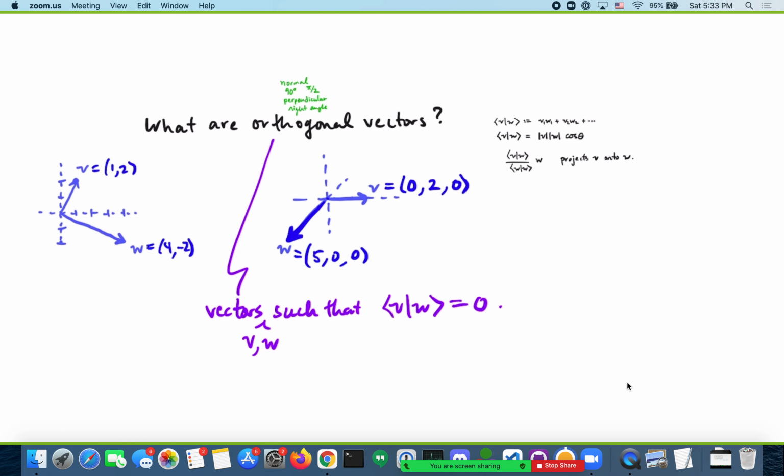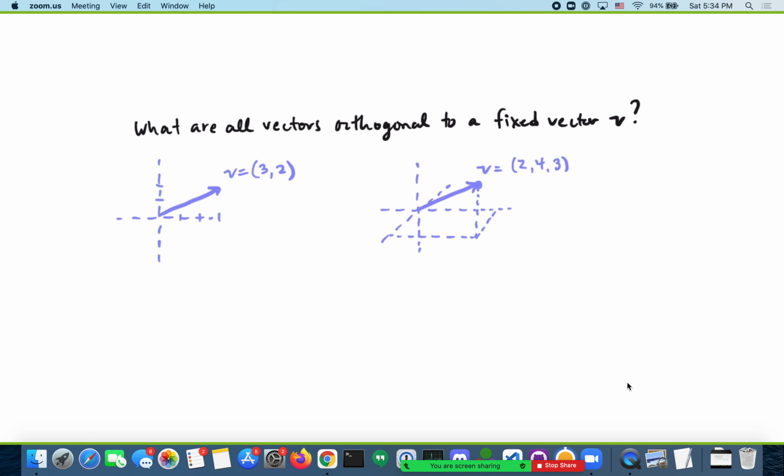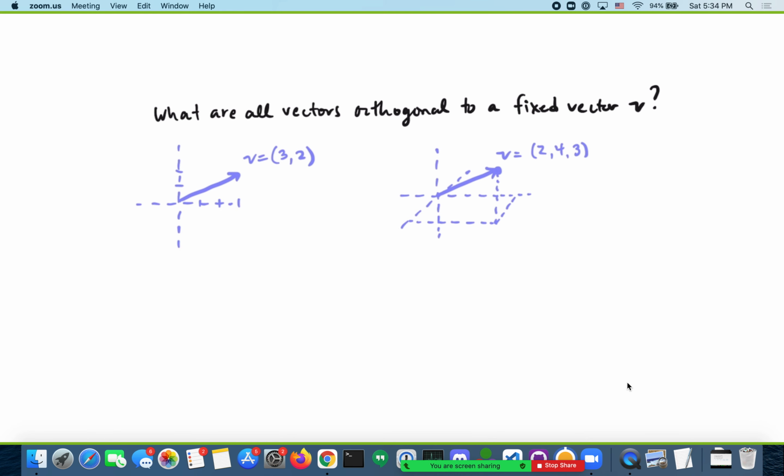Okay, and from this formula up here, the cosine has to be 0, so the angle is pi over 2, or negative pi over 2, or 90 degrees, or negative 90 degrees. Okay, next question. What are all vectors orthogonal to a fixed vector V?